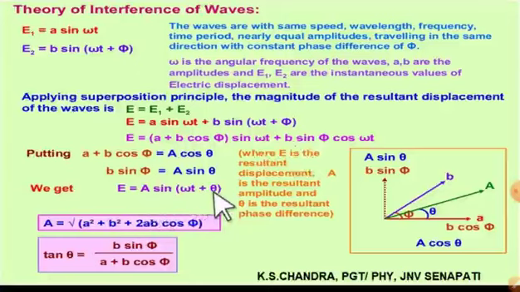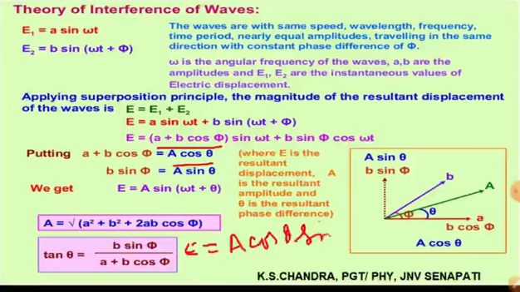Okay, if you put that expression here, if you try to put this as a cosine of theta, then E will be equal to A cosine of theta sine of omega t plus, instead of b sine phi, you put it as a sine of theta, then cosine of omega t, like this, right?